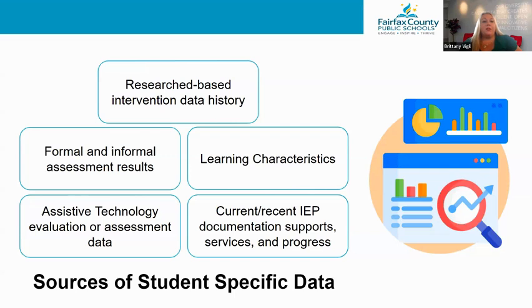Data could include research-based intervention data history, formal and informal assessment results, learning characteristics of your child, assistive technology evaluations or assessment data, current or recent IEP documentation, support services in progress, again, information that you have from home, observations. Data is anything that you are bringing to the table that's going to support this decision.